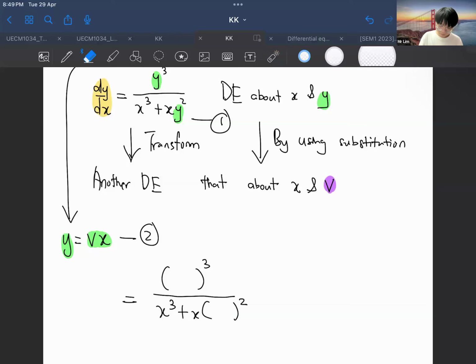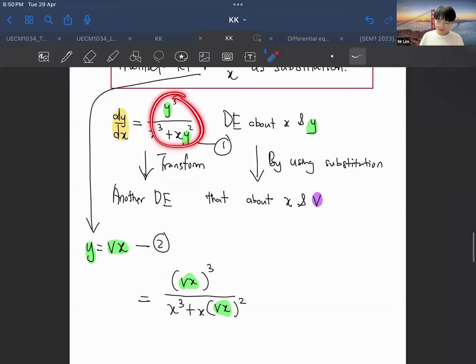I use the highlight pen. So from equation 1, you can see that I'm replacing with this. x, no problem, remains the same because I accept x in my new equation.